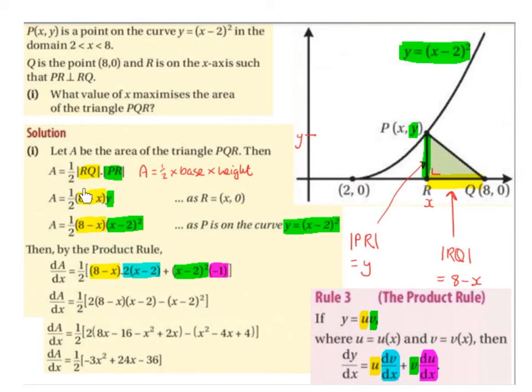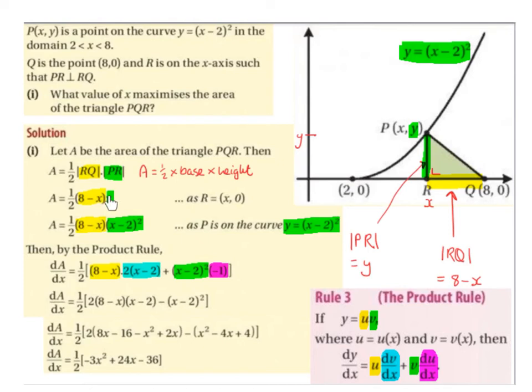So RQ is 8 minus x, as R is equal to the point (x, 0). So this point here is (x, 0), so it lies on the x-axis. So RQ must be 8 units minus x units, which will leave us with the in-between. So that's why RQ is 8 minus x.